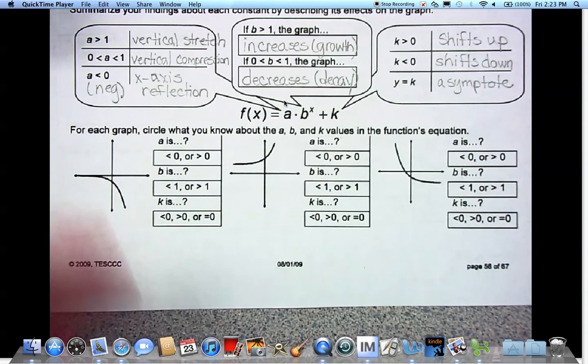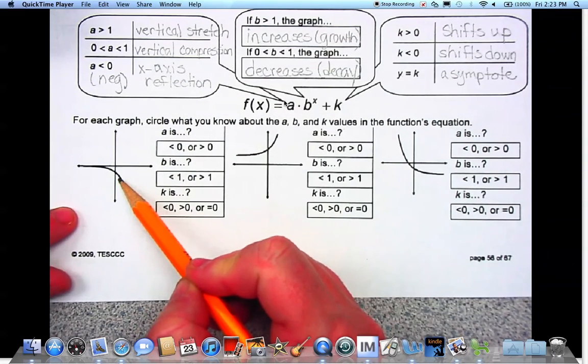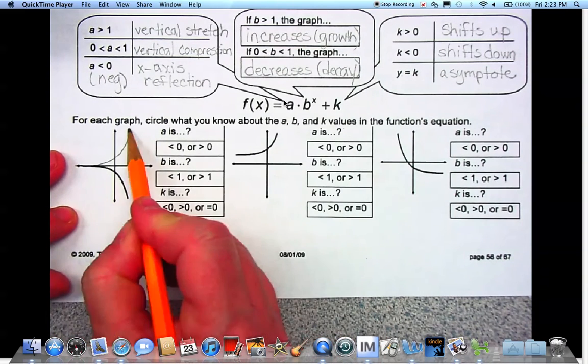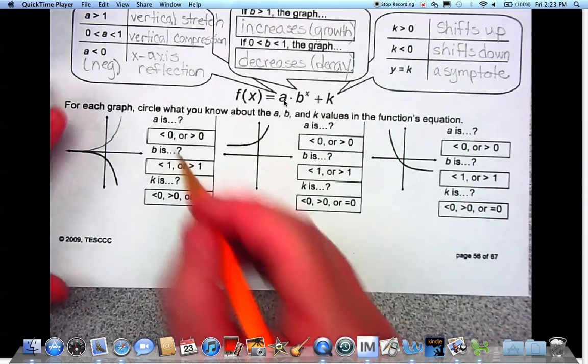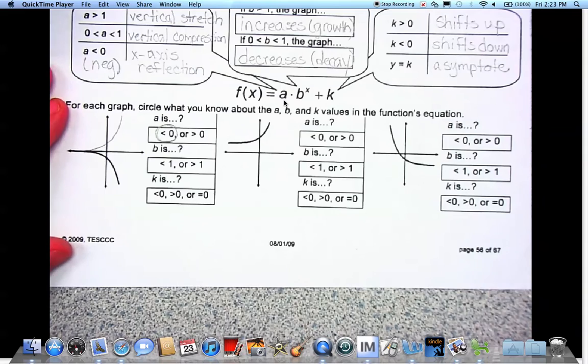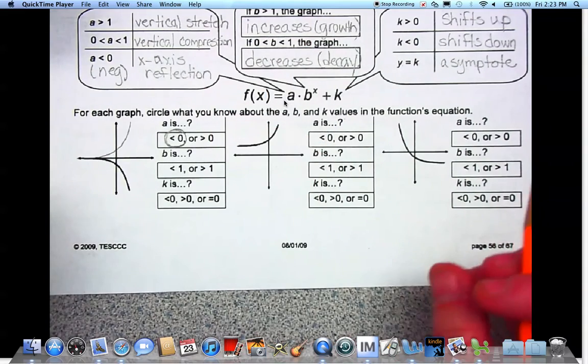We're going to look at this graph and tell what A is doing, what B is doing, what K is doing. Now, what does that one look like? It's flipped, isn't it? Normally it would look like this, right? But it got flipped over. So A has to be negative, which is less than 0. Now, B is whether it's growing or decaying.